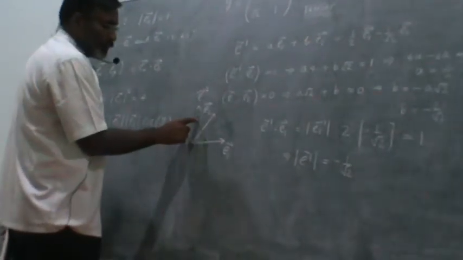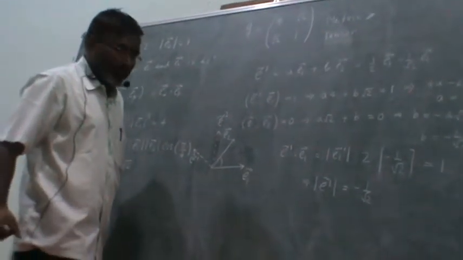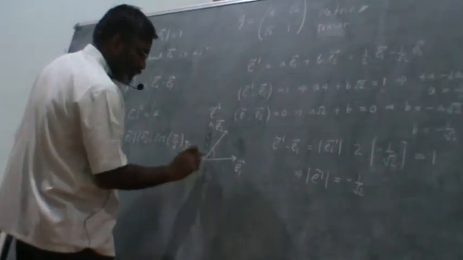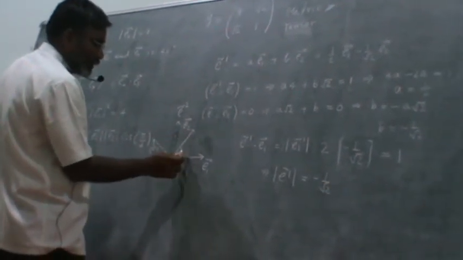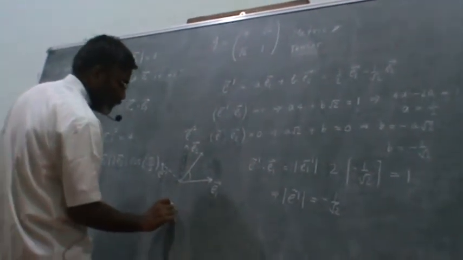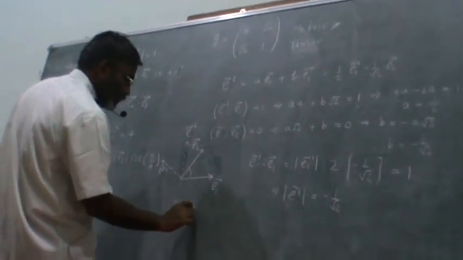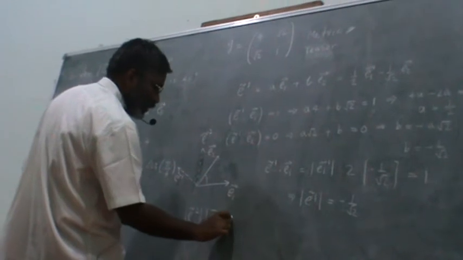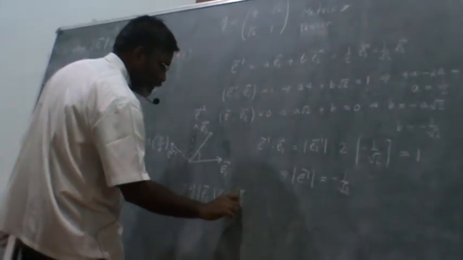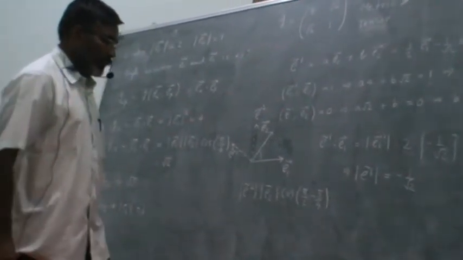And similarly you can show E2 tilde. The angle between E2 tilde and E2 is 90 minus 45, so the angle is pi by 2 minus pi by 4. So E2 tilde modulus times E2 modulus times cos of pi by 2 minus pi by 4 is sin pi by 4, correct?